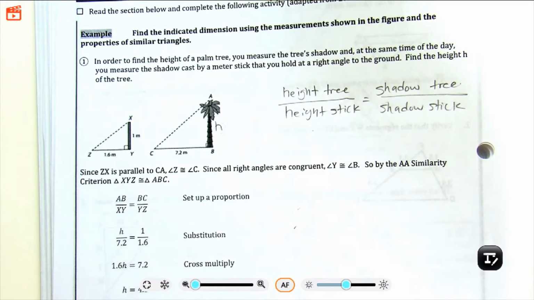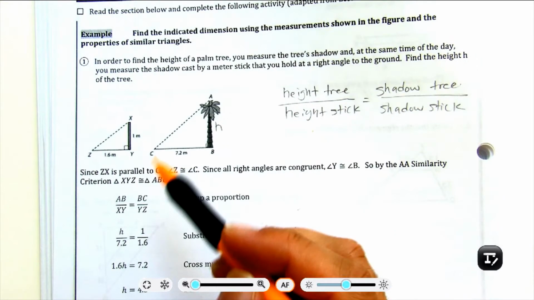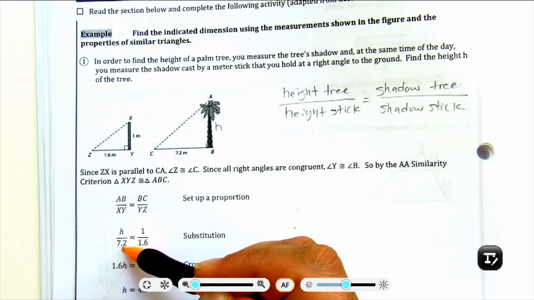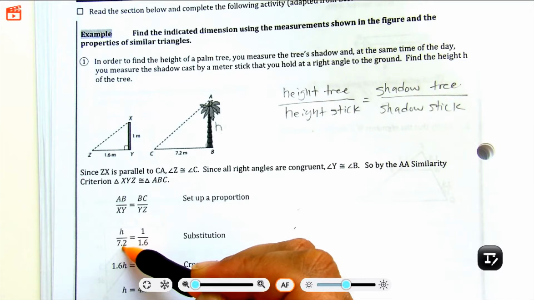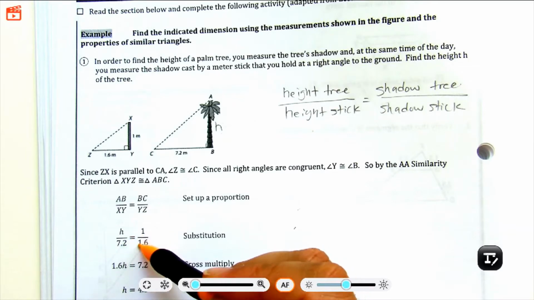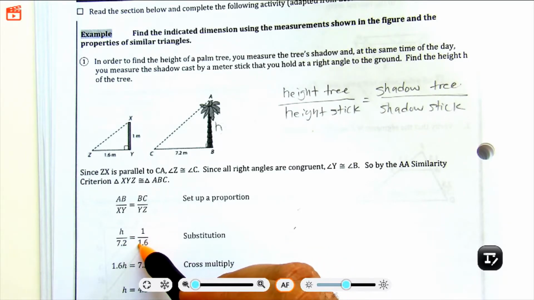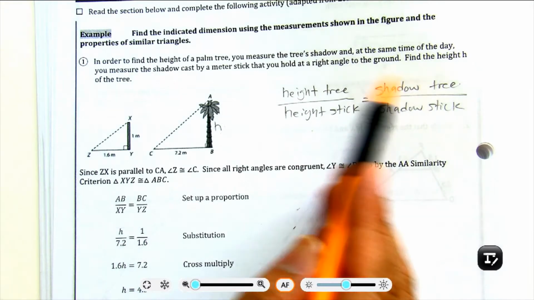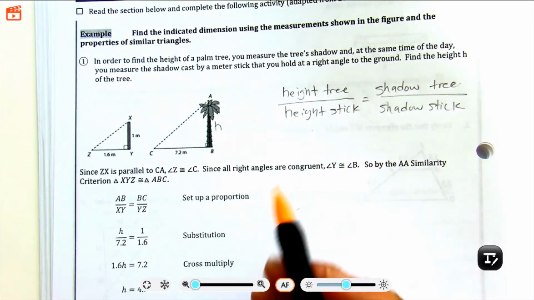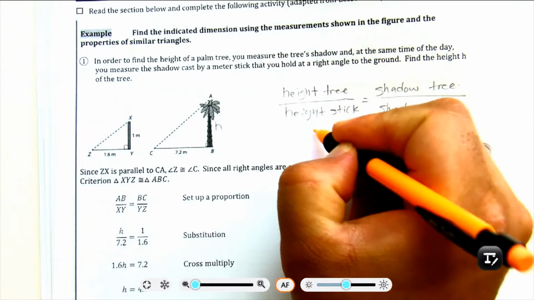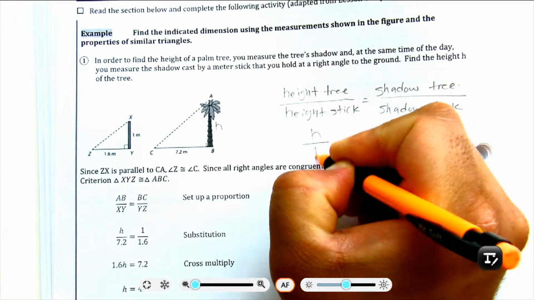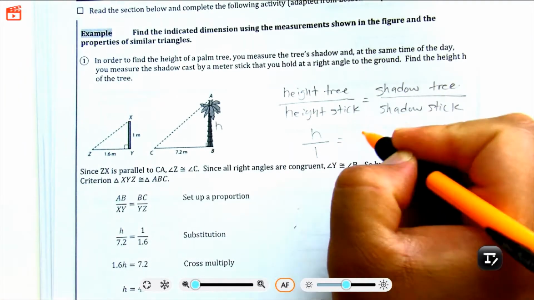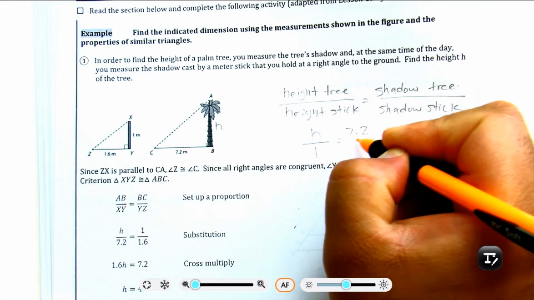Substituting the values, we have h over 7.2 is equal to 1 over 1.6. So actually, I think they did this a little bit differently. If I was to use this method, let's do it this way. h over 1 is equal to 7.2 over 1.6.